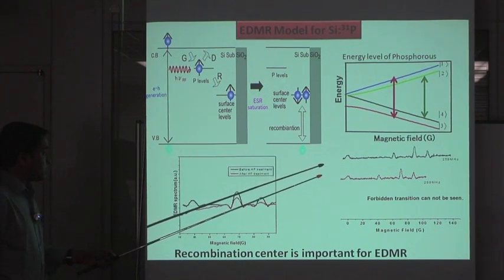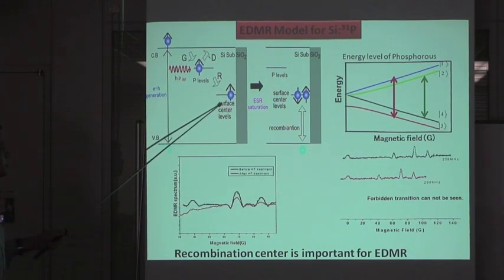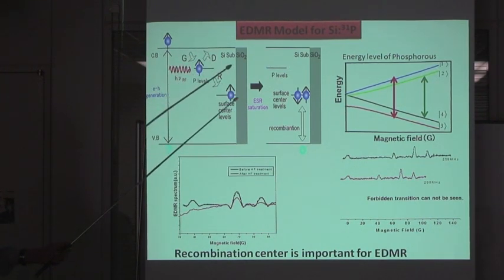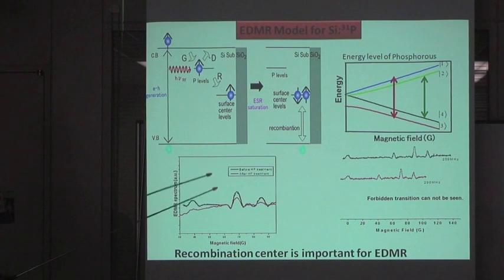Now I will just tell you what is the importance of these surface centers. To test the importance of surface centers for detecting the EDMR signal, we treated our sample with hydrofluoric acid. So this black curve here is before treating the sample with hydrofluoric acid, and the red curve here is after HF treatment.